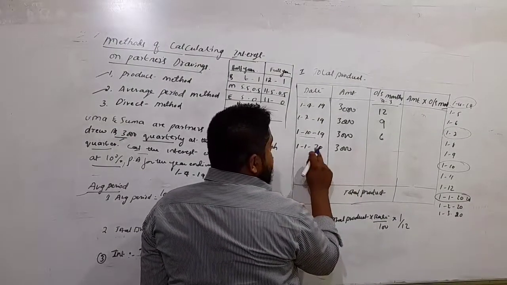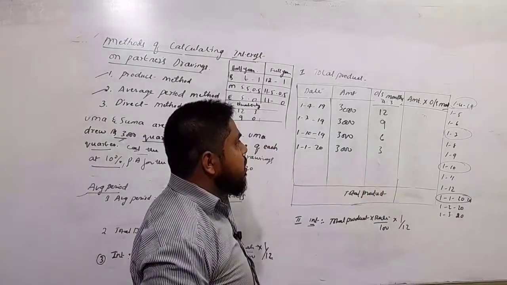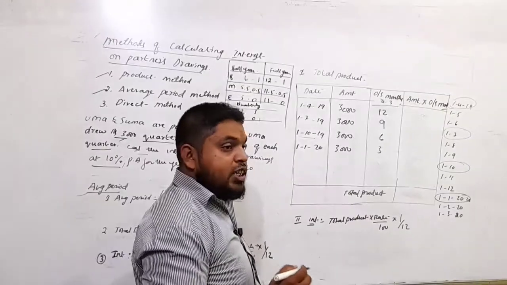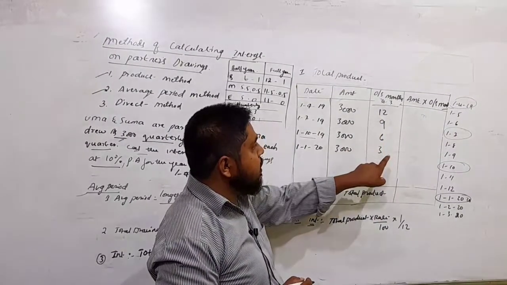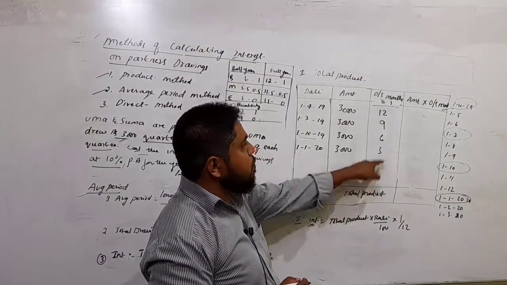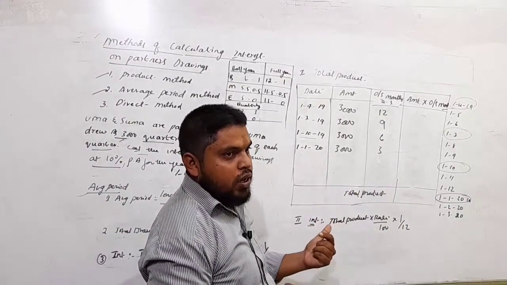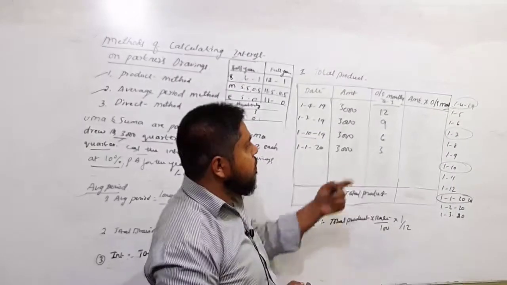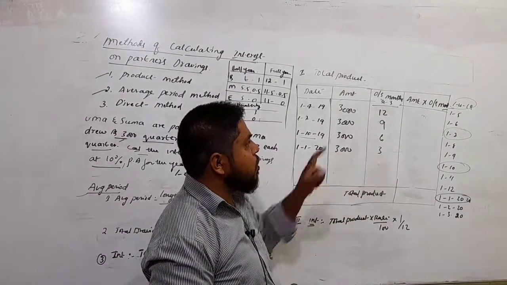And 1/1/2020 to 31st March, 3. So this is the beginning of each quarter. Outstanding months 12, 9, 6, 3. Suppose if we take end of each quarter, so outstanding months will be 9, 6, 3, 0.